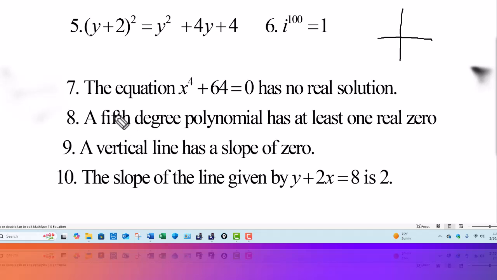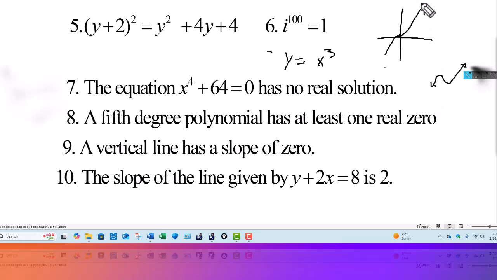Now for number 8, a fifth-degree polynomial has at least one real 0. If you have an odd-degree polynomial such as y equals x to the third, the graph goes something like this, passes through the origin there, then goes up. The graph of x to the fifth is similar. If it has more terms, then you might have several loops like this. For odd degree, if the coefficient is positive, the graph will go up on the right side and down on the left side.